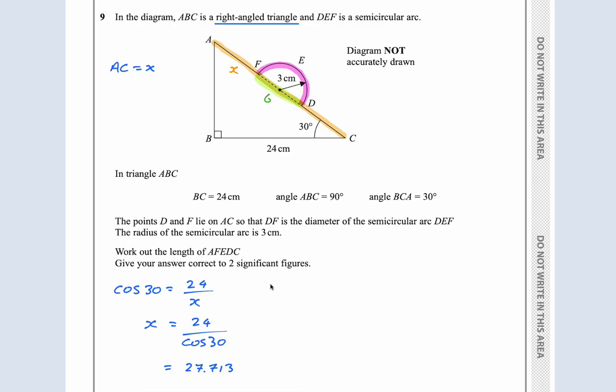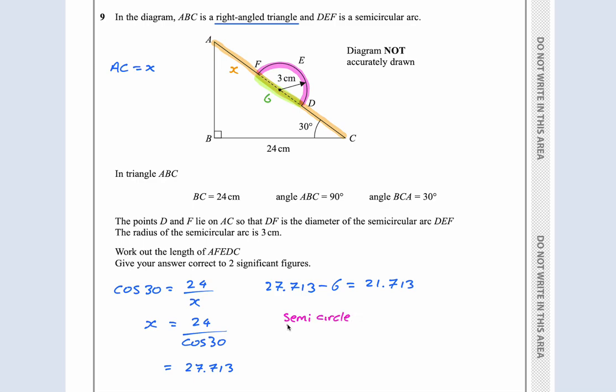Now I'm going to do 27.713 minus 6, which is 21.713. Now that gives me this length and this length. Okay, then I need to get the pink length. The pink length, let's just put it in pink, semicircle.